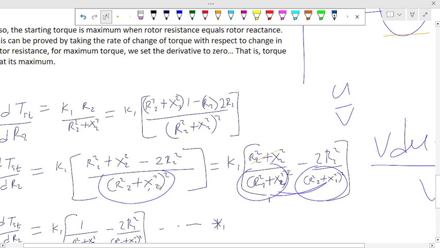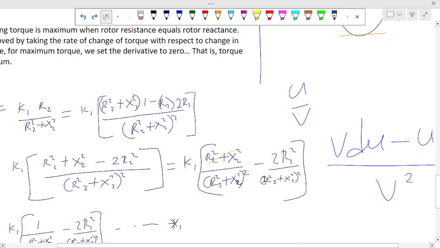So all we did was just to separate this. U be the denominator for this, also U be the denominator for this. That's what we have here. Clear? Alright. So with that being said, we can proceed further.